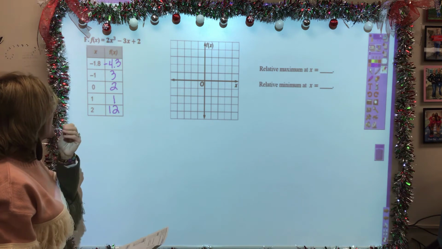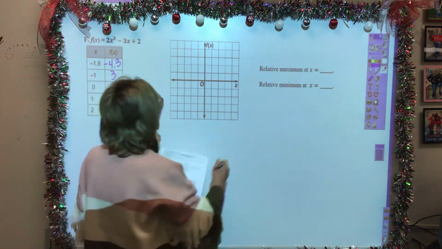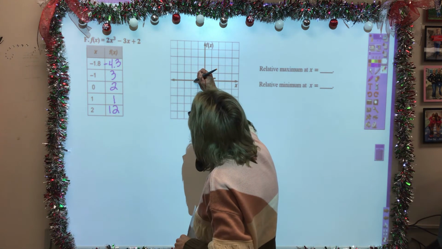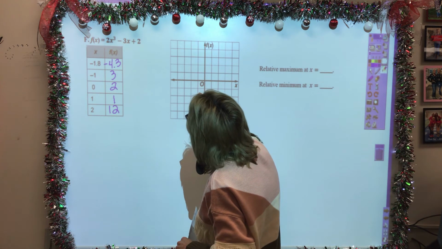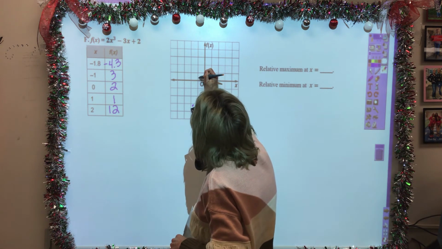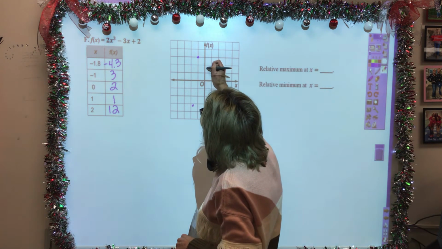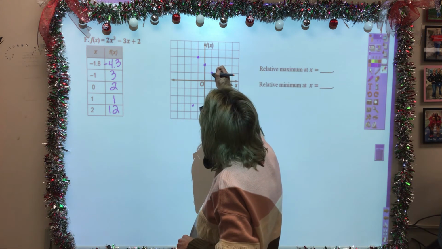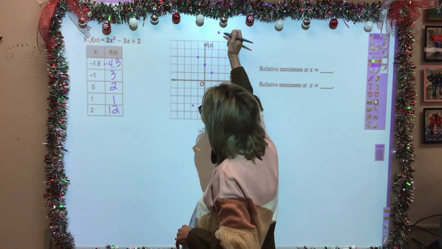So we'll try to graph, approximate where -1.8, -4.3 is. Let's just say this is about -1.8 and -4.3. Let's just say it's about right here. Then we have a point at -1, positive 1, 2, 3. We have a point at 0, 2, at 1, 1, and at 2, 12, which would be off our graph up here.